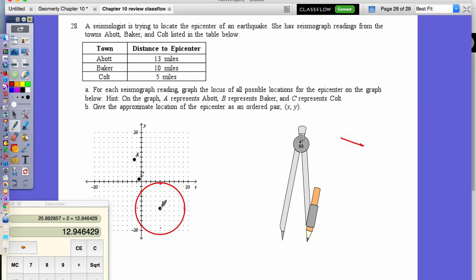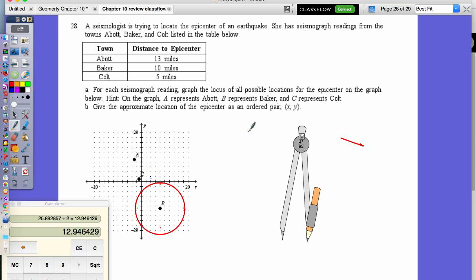So if this is 10 miles from the center, the earthquake could have been in any of those places. But Colt was only 5 miles. So 1, 2. It looks like Colt would be about here. That's 5 miles.